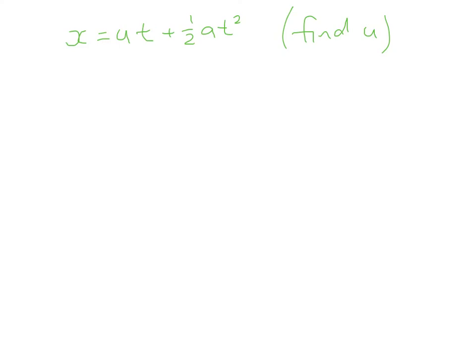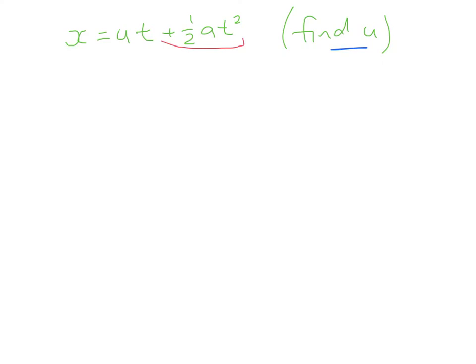And the last example we have here, we're needing to find U. So there's a few things on the right hand side along with the U that we're going to need to move. This is U times T, and then they've also got this plus a half AT squared.